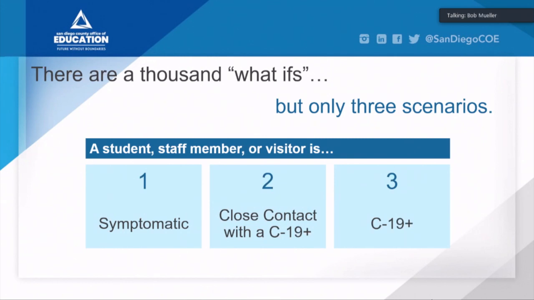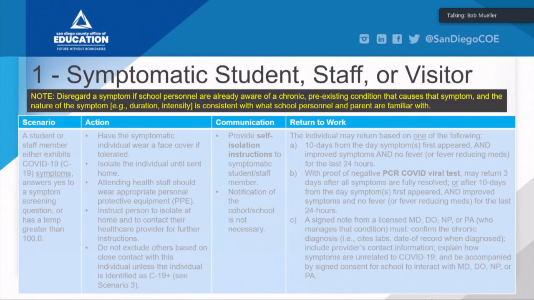So let's go into those categories. The first one we're going to look at is a symptomatic student, staff member, or visitor.